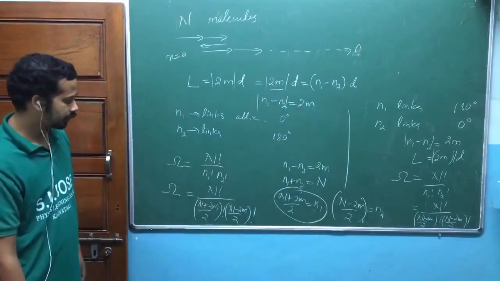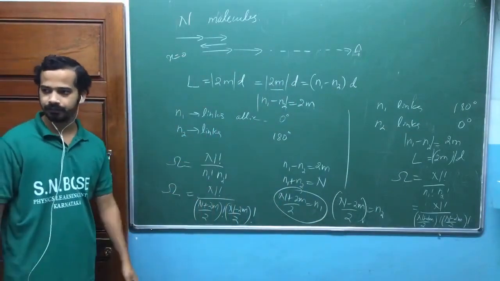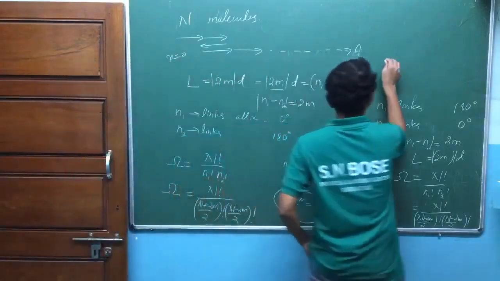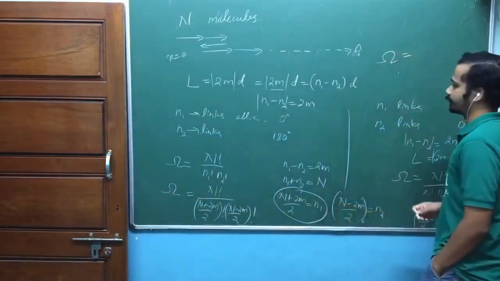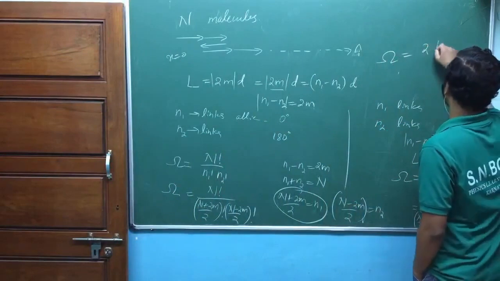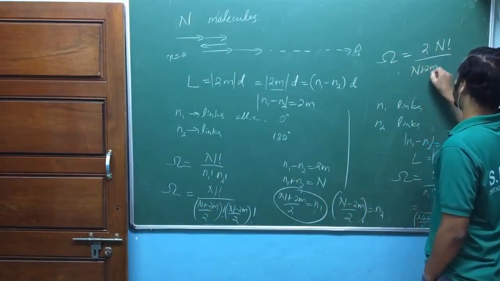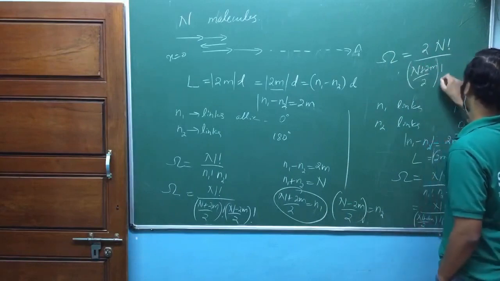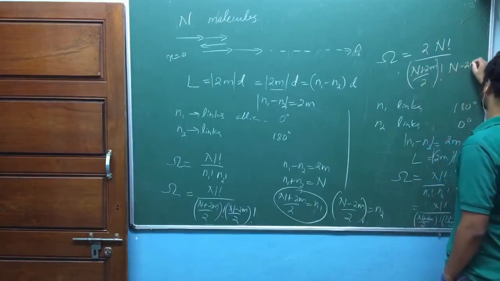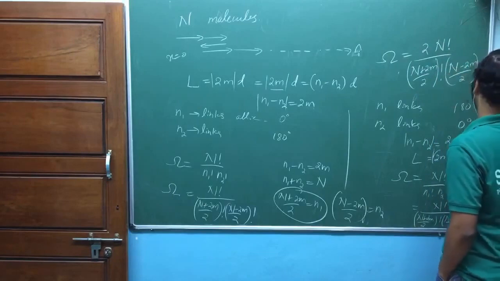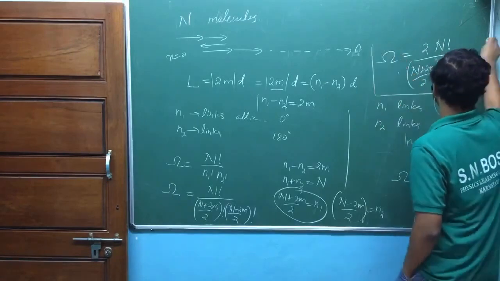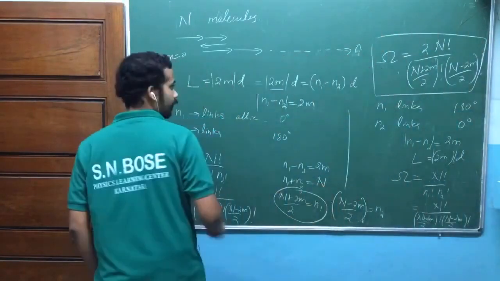Adding means, again, both are same, that's twice. So that's why your answer is number of possible ways is equal to 2 times n factorial divided by (n plus 2m) whole divided by 2 factorial, (n minus 2m) whole divided by 2 factorial.